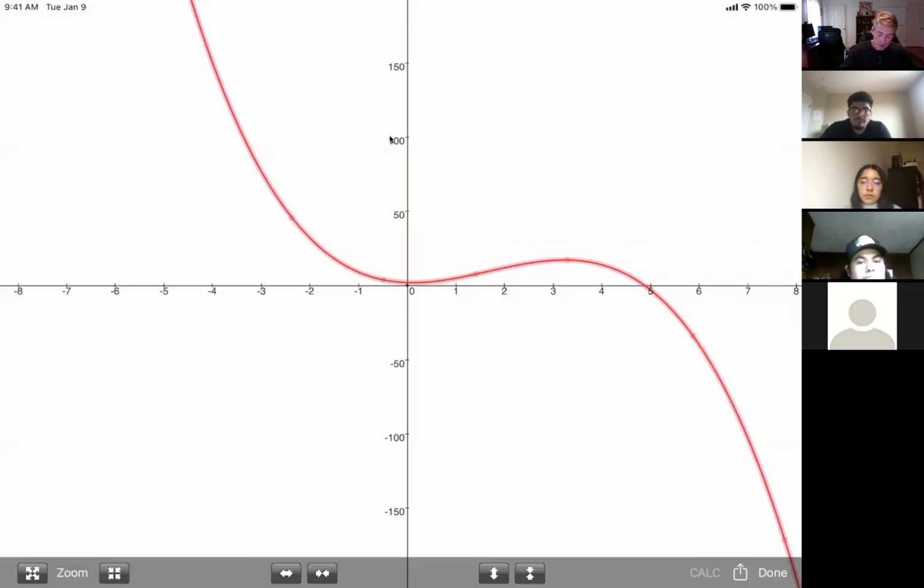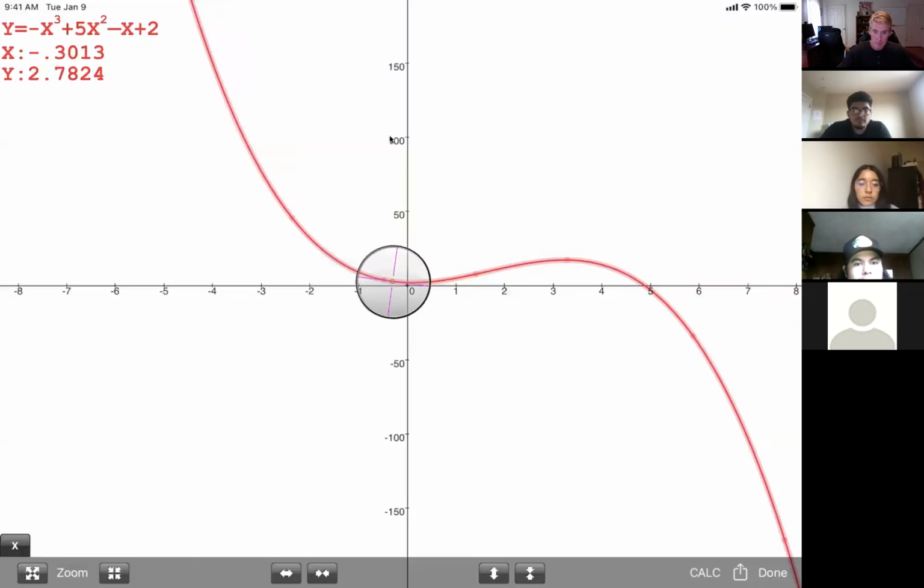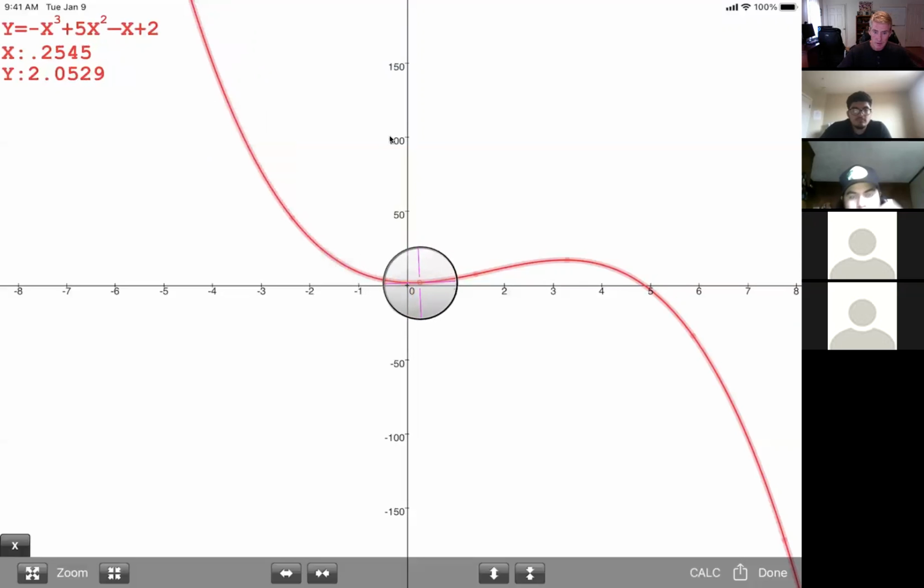So it looks like most of the time it's going down. So here it's going down, down, down, down. Then somewhere about right here, the derivative equals 0. Then it goes up for a little while, and then it goes down.